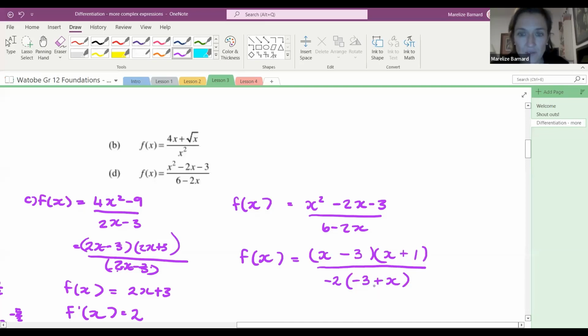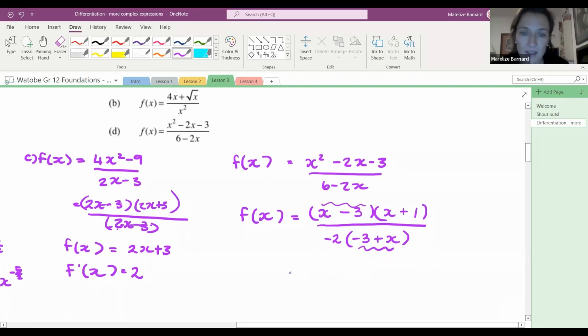And then you should start feeling really excited and happy, because this bracket is the same as this one. Minus 3 plus x and x minus 3, that is the same. You can even swap them around if you want to, but no need to waste that time because that's going to cancel out, and we're going to have x plus 1 over a negative 2.